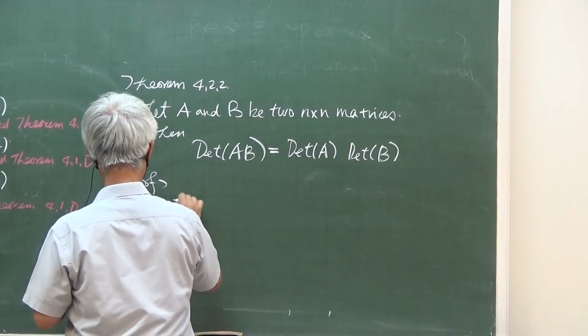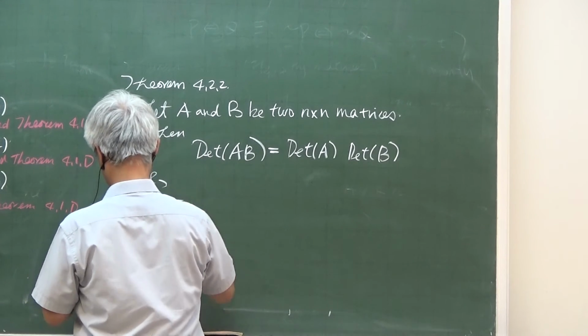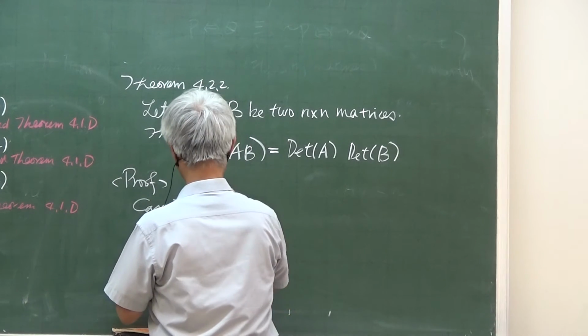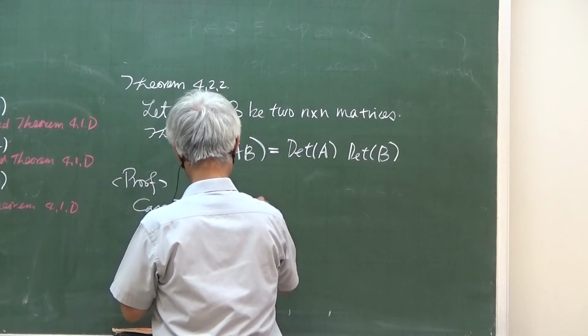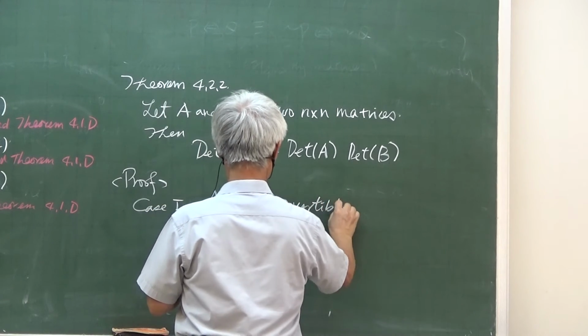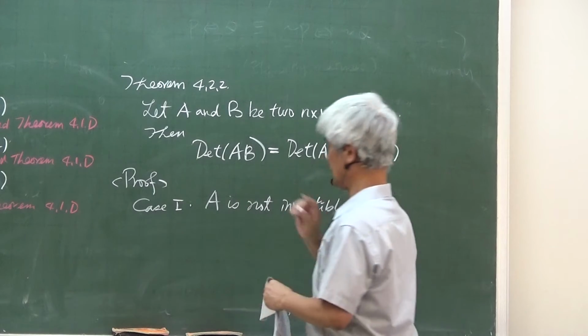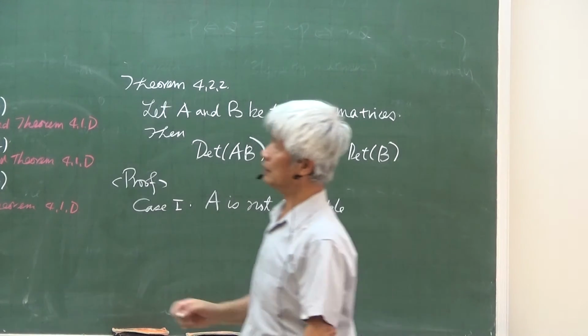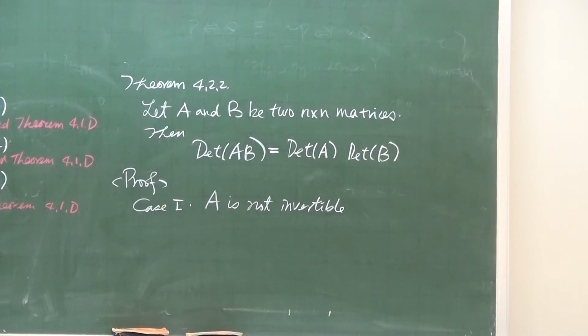Well, so we have two cases. This is one: A is not invertible. If A is not invertible, by our lemma here, then A times B must be not invertible too. Otherwise, if AB is invertible, then A must be invertible.